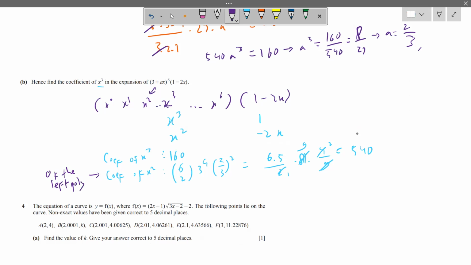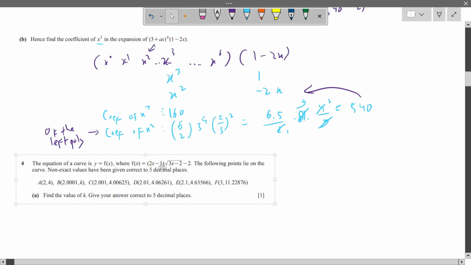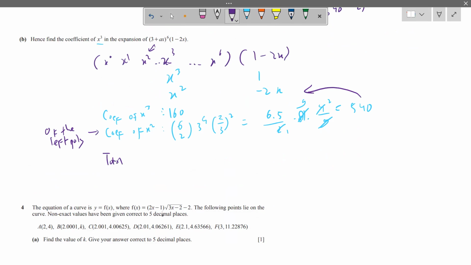You will still have to multiply this by the coefficient of x on the right polynomial. So the total coefficient of x cubed here is 160 minus 540 times 2. So this is 160 minus 1080, and you get negative 920.